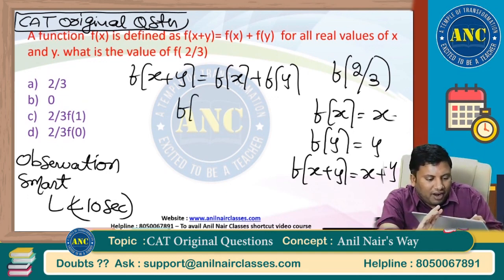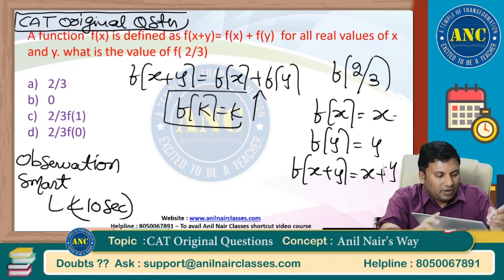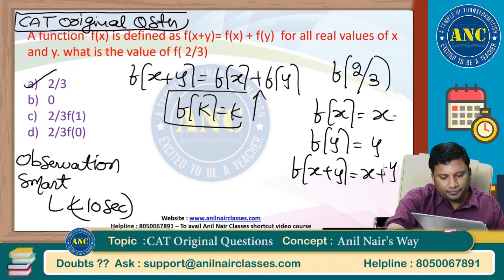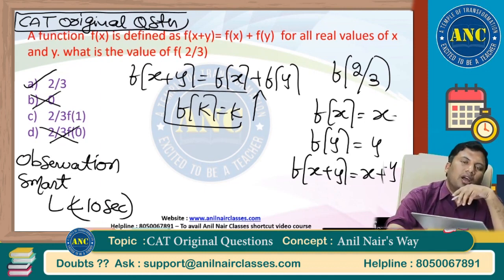If I take f of k equivalent to k, is this equation satisfied? Right? X plus y equivalent x plus y. This is satisfied. F of 0 will become 0. It is not possible. This is also not possible. Are you all with me?